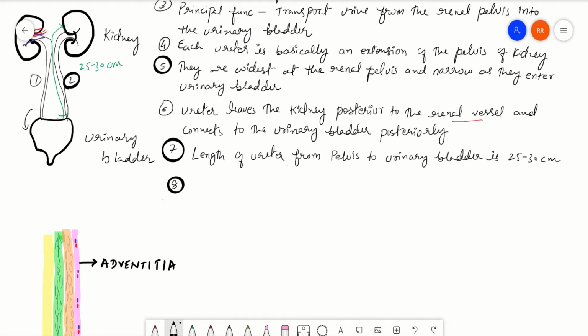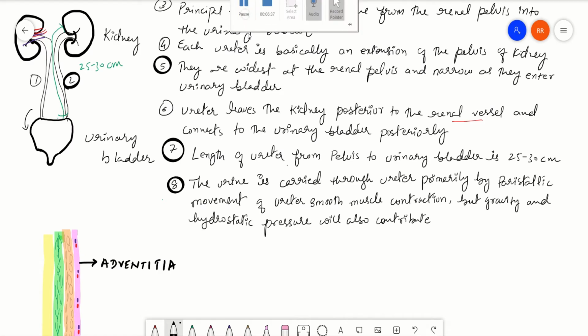So the next point is, this urine is carried through the ureter primarily by the peristaltic movement of the ureter smooth muscle contraction, but gravity and hydrostatic pressure will also contribute. And this peristaltic movement will be initiated by the pacemaker cells present in the proximal renal pelvis. So this is point number 8.